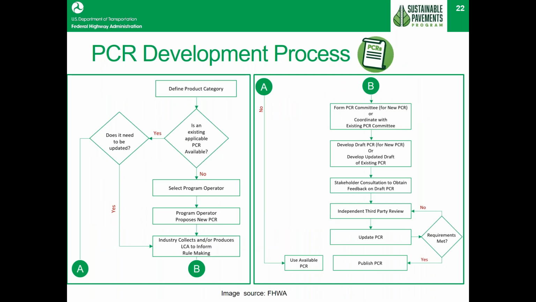And this figure shows, I think, a very nice summary of what needs to happen if a member of an industry group is thinking about developing an EPD and says, hey, I need to have a product category rule to make this possible.